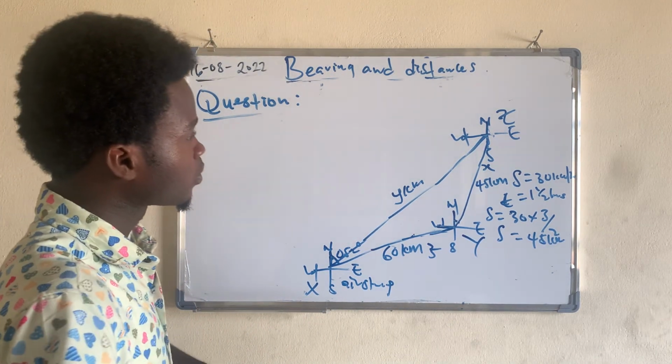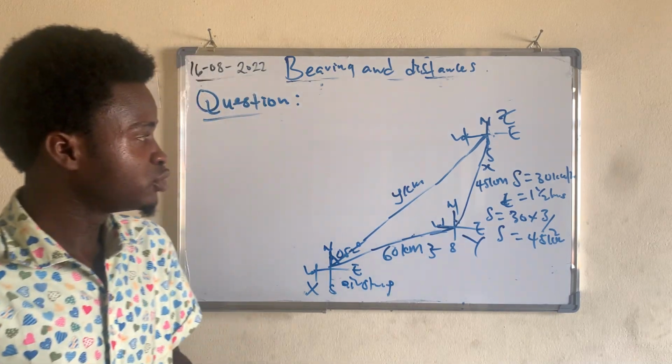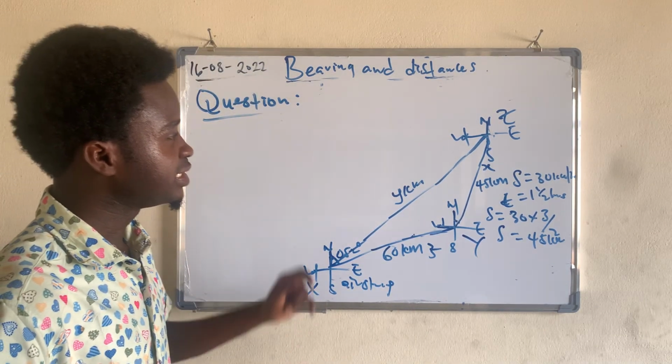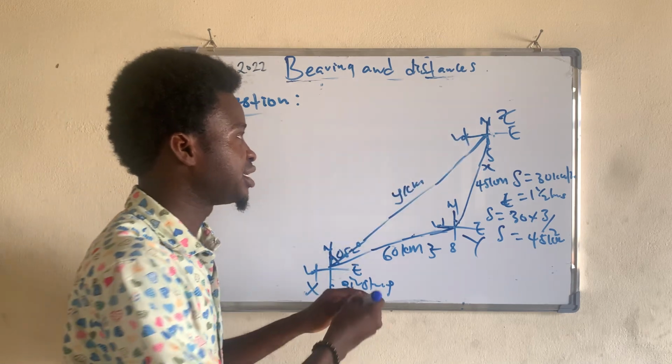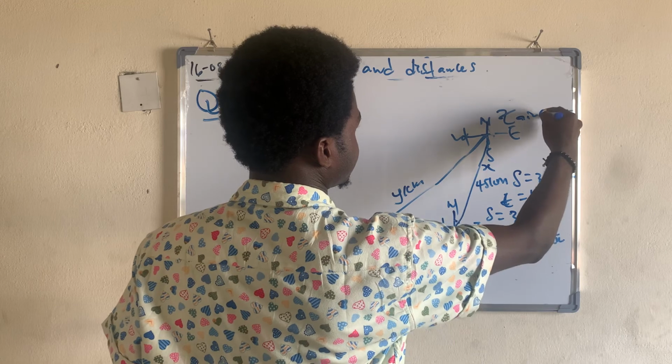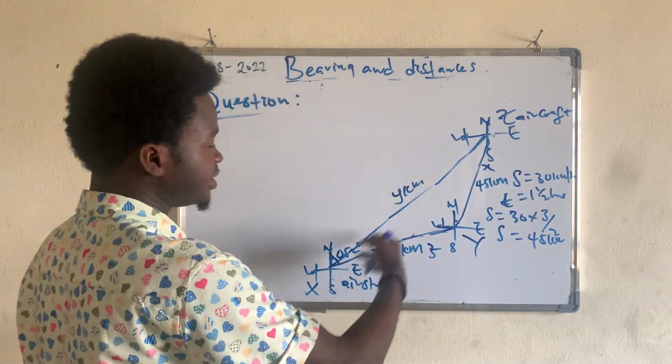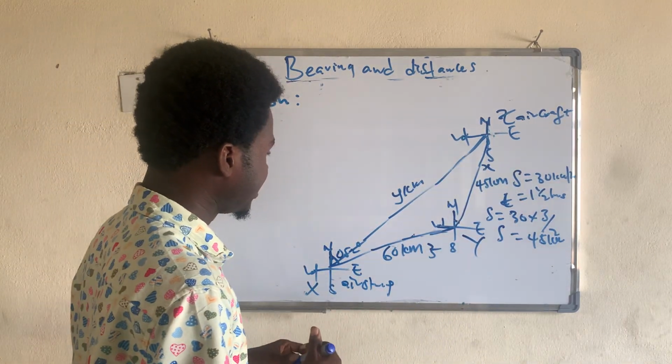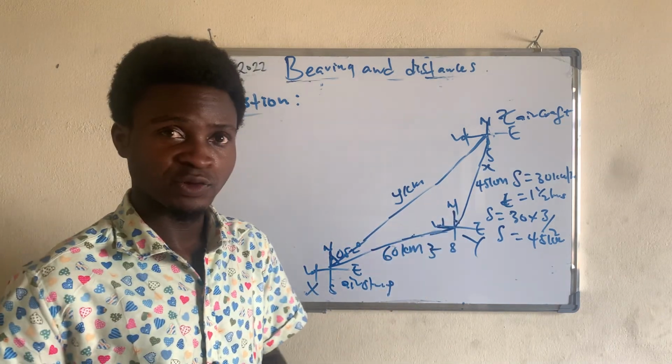So before we'll be able to obtain the distance covered, this is the point where the aircraft is now, the position of the aircraft now. To get this distance, we need to obtain an angle in the triangle.